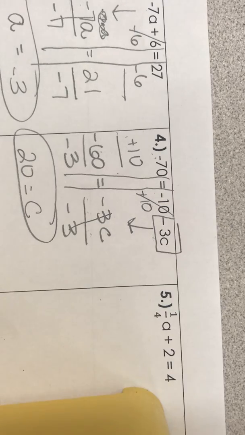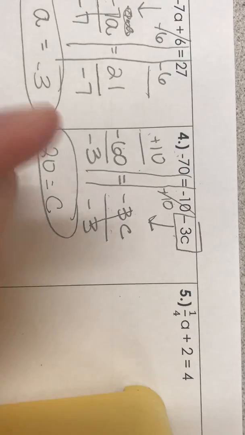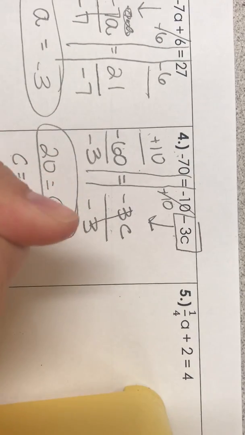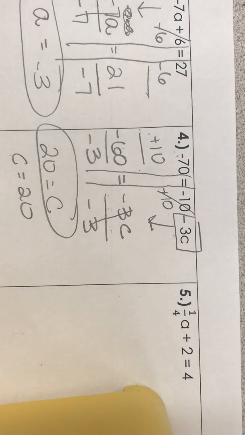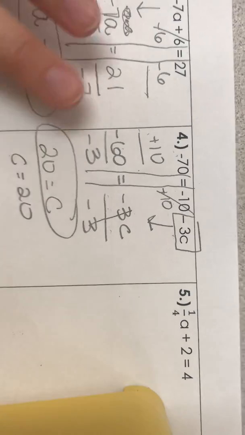Yes, it would be okay if you wanted to switch this around and say C equals 20 at the end. That's typically how you would see something like this written.